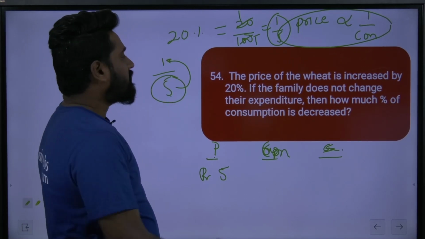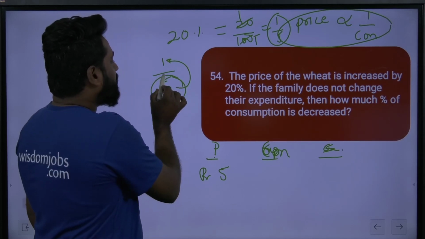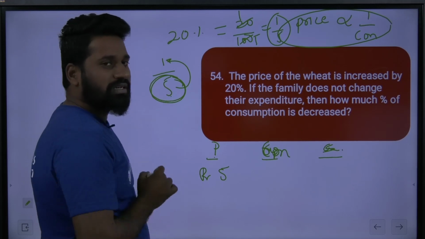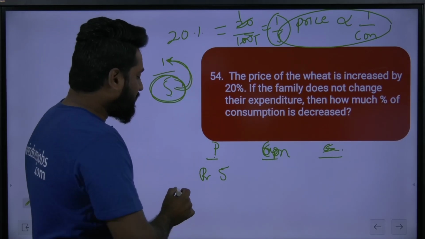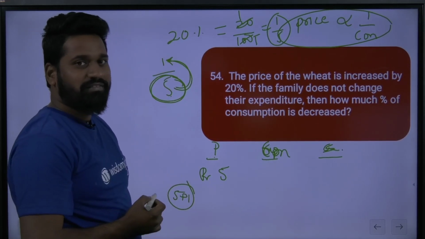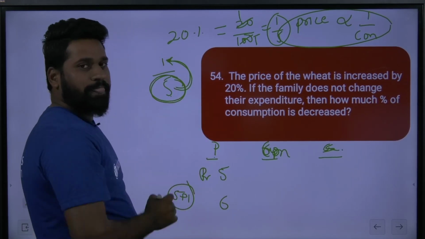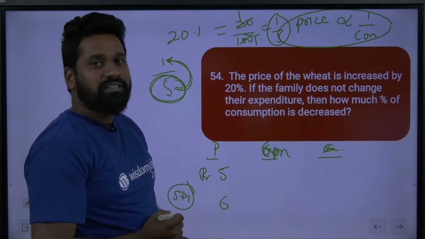That is the meaning. 20% of 5 is the same as 1. Is it clear? The price of wheat before increasing is 5 rupees per kg. After increasing 20%, it becomes 5 plus 1, indicated by 1 by 5. So 5 plus 1 becomes 6 rupees. First one is 5 rupees. Second one is 6 rupees.